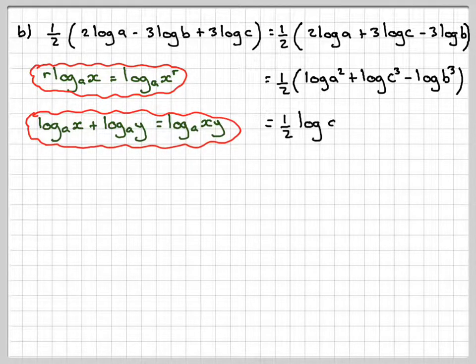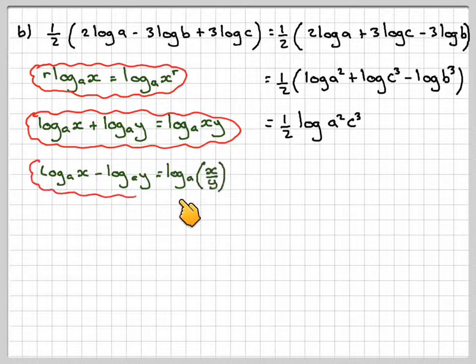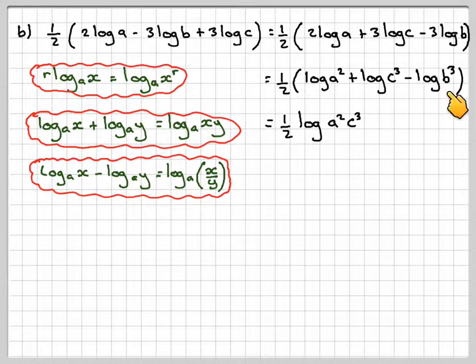So we've got half of log a squared c cubed, applying that to here. And then we've got a minus situation, so we've got log a of x minus log a of y is log a of x over y. So this will be my x, and this will be my y. So we need to divide this by b cubed.